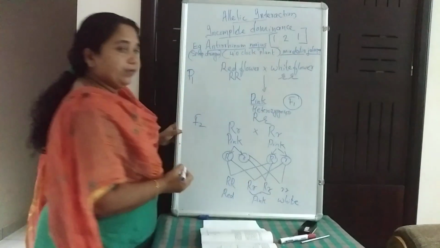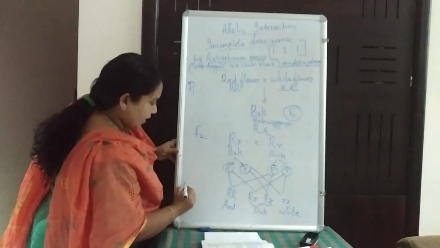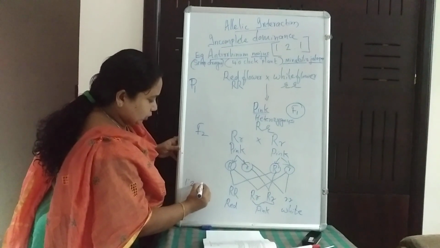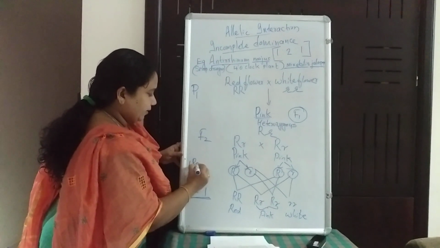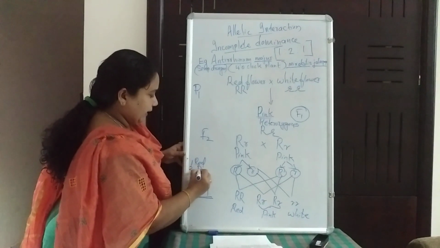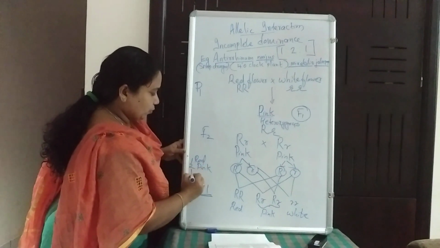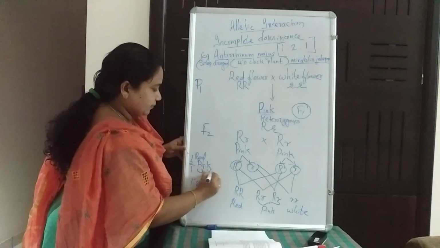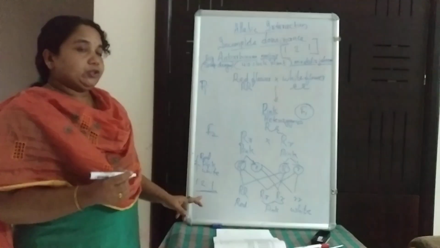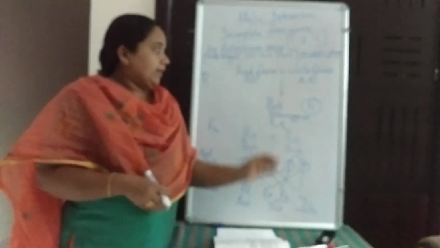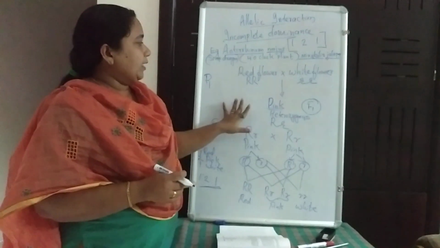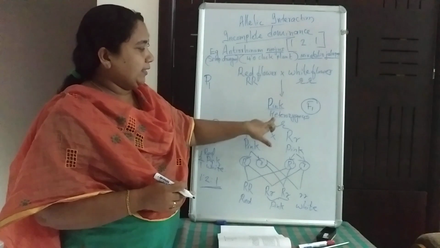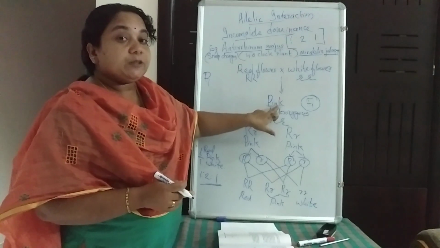So the ratio we can write as 1:2:1. That is 1 red, 2 pink and 1 white. So here the ratio is 1:2:1. In this way the gene will be expressed. Even though the F1 is heterozygous, the color is pink.